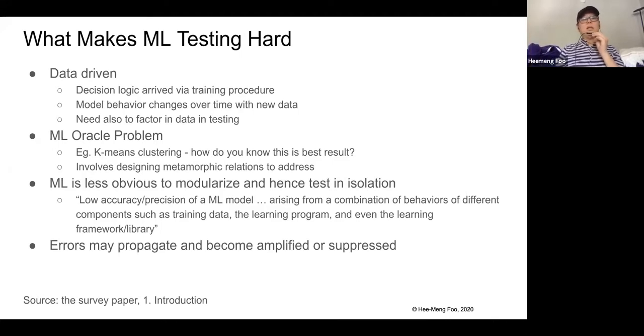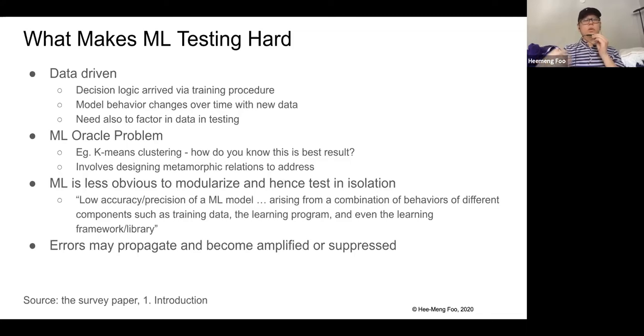Suddenly their models had to be retrained because the new, say, retail or travel data all changed, and that caused a huge effort in retraining their models in order to get more accurate predictions. So it's extremely data driven. That is one of the key reasons why ML testing is hard.